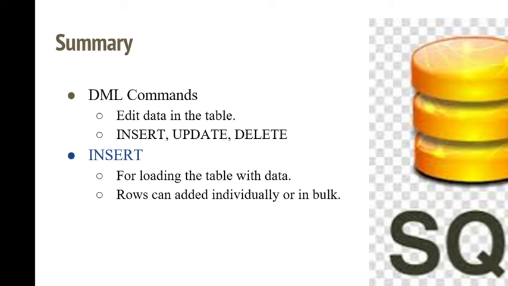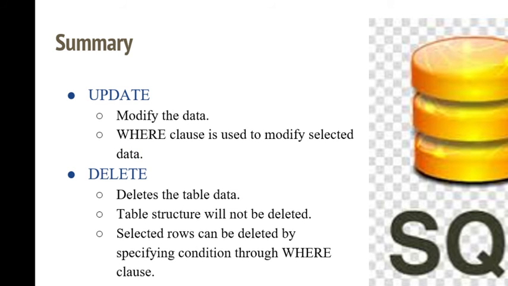So these are the DML commands you have to remember. DML commands are used to edit the data in the table. The main 3 DML commands are insert, update and delete. Insert command is used for loading the table with data. Rows can be added individually or in bulk. Update is used to modify the data.